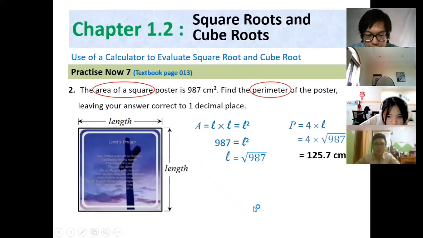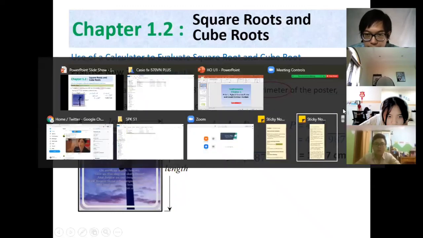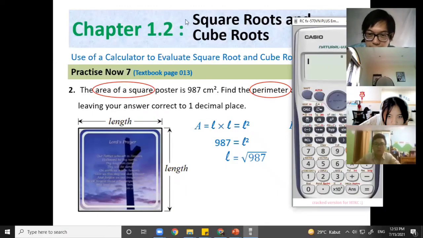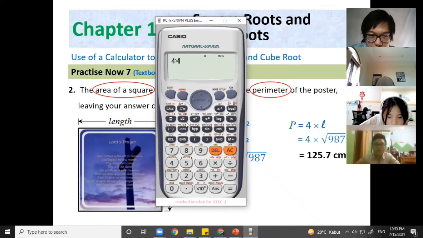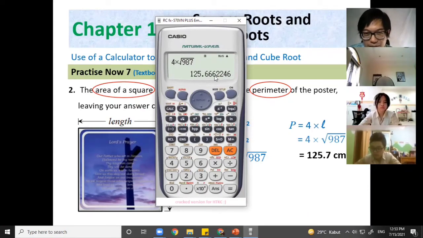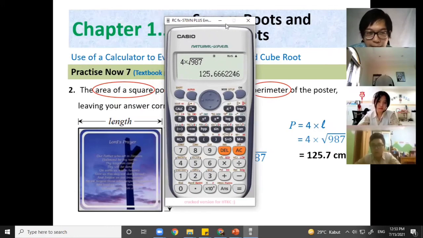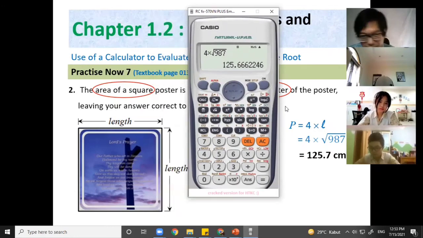Pencet lagi. So 4 times square root of 987. Kok sama lagi? Pencet ya, ingat ya, kalau ketemu gini pencet SD. See, 125 point. Kok jadi 7? Soalnya dia maunya 1 decimal place. So if it is rounded to 1 decimal place, so 125.7, right?